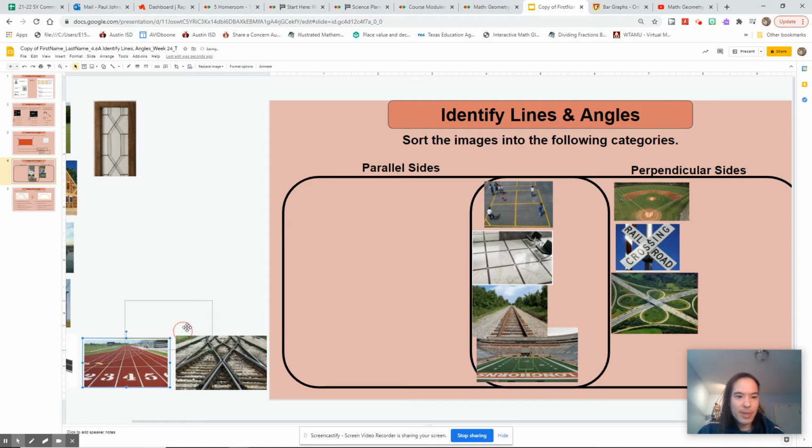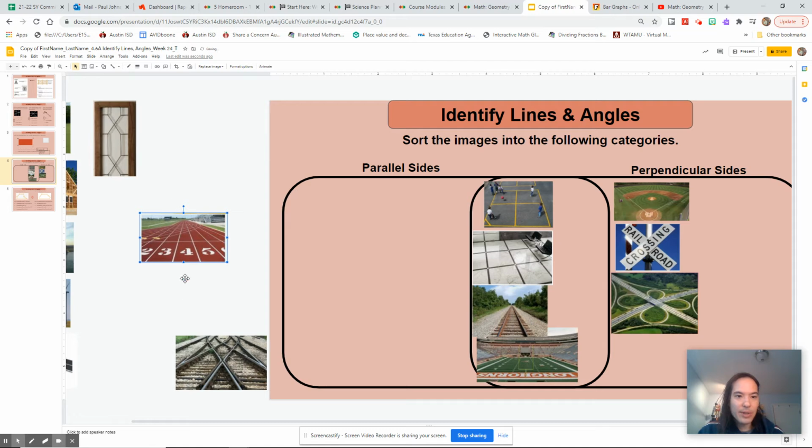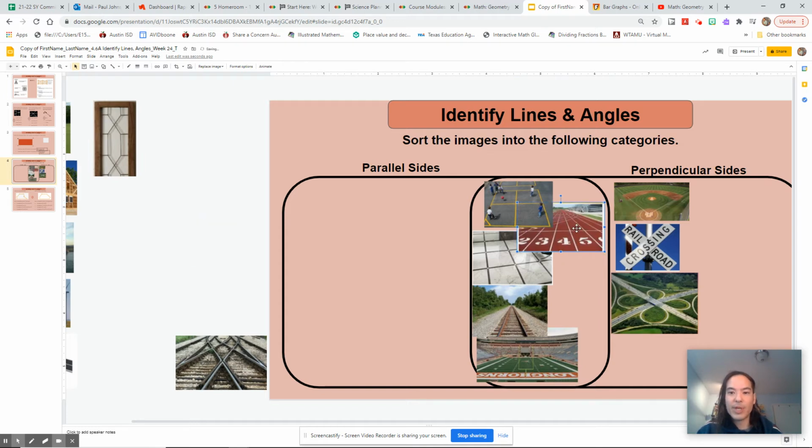All right, this one, once again, we have the parallel lines, which are the track lanes themselves, but then you have these cross lines that make the 90-degree intersections. So anytime you're seeing those 90-degree intersections, those crossing points, remember that if you have parallel, you also have perpendicular. So there are both in this one.